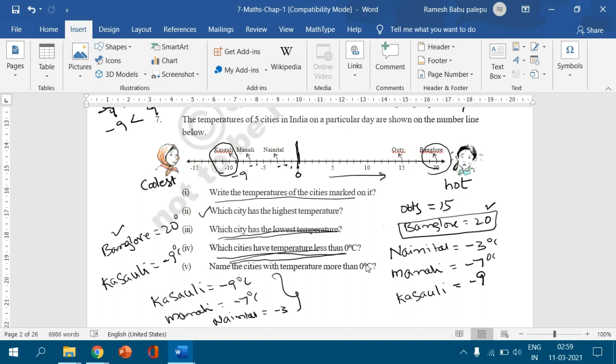These three are left side of the 0. That means less than 0 degrees, and -9 is less than -7 is less than -3.